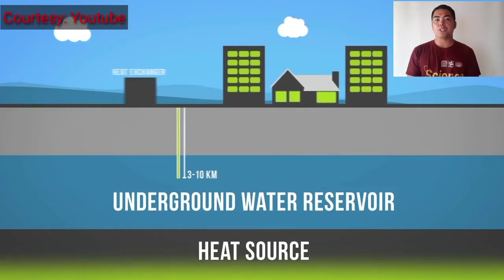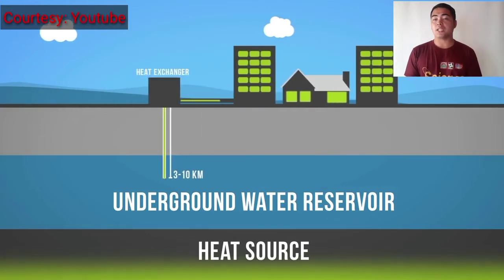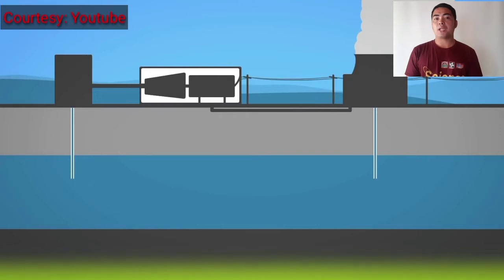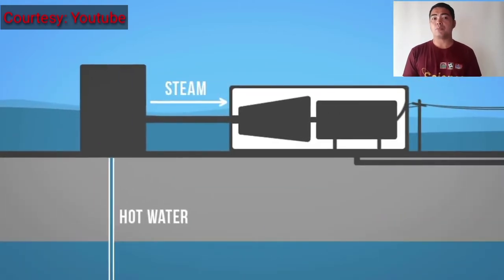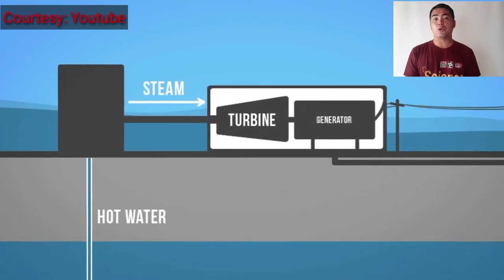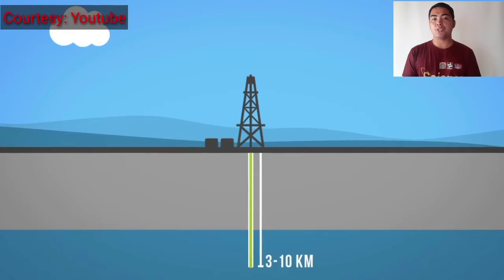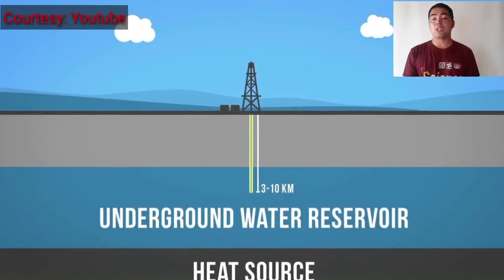Hot water from the earth may be directly extracted to heat homes and buildings. This is done either by directly circulating the hot water through a building or by pumping it through a heat exchanger that transfers heat to the buildings.